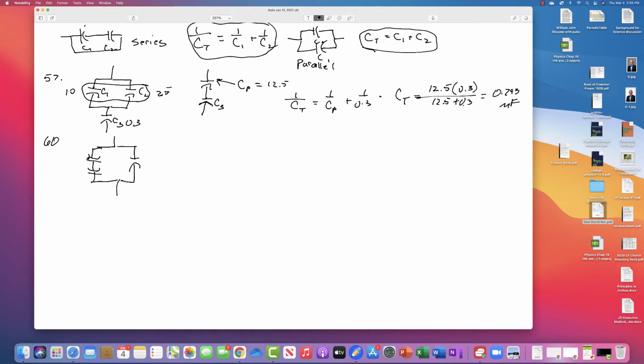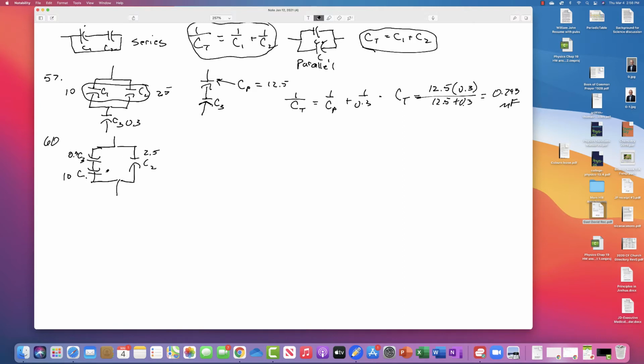Okay, so now this is C3, this is C1, and this is C2. And C2 is 2.5, C1 is 10, and this one's 0.3. So they all have the same values, they've just been rearranged in a different way.